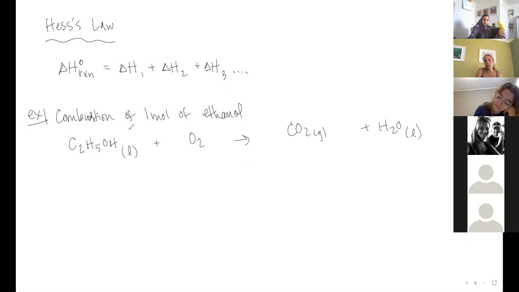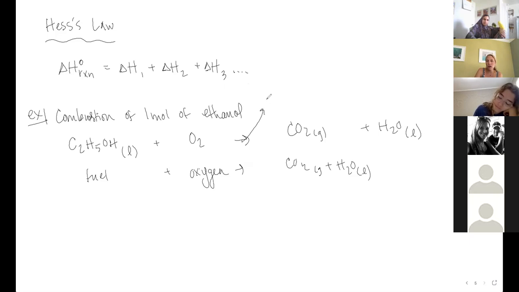So when you see the word combustion, you always have some fuel reacting with oxygen to form CO2 gas and water. Always. This is the exact same one we did before with propane. Combustion always follows this exact equation. So we are reacting some organic carbon fuel with oxygen to form heat, energy, and byproducts of carbon dioxide and water.